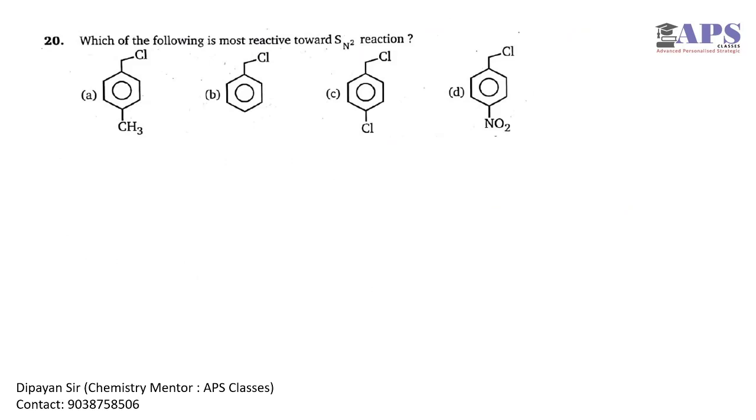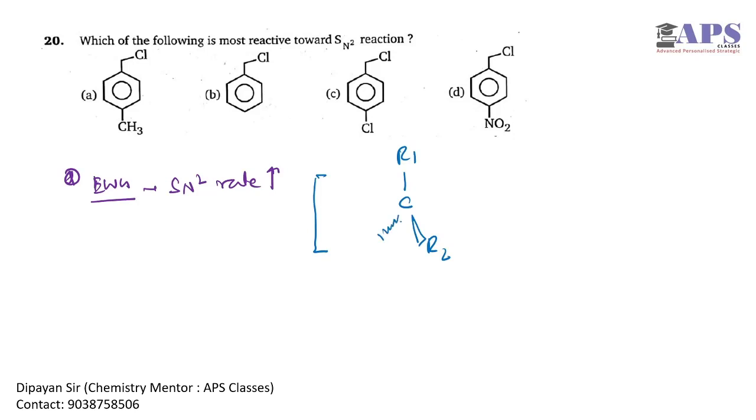Okay, so this is the last question of this session or this video. Which of the following is more reactive towards SN2 reaction? As we know, if electron withdrawing groups are present, the SN2 reaction rate will increase. Why? Because in the transition state we can see R1, this is a penta-coordinated transition state.